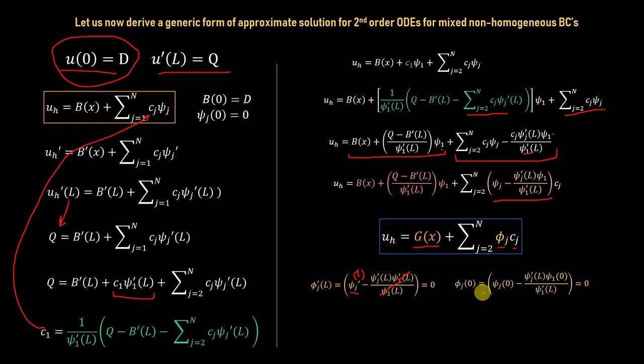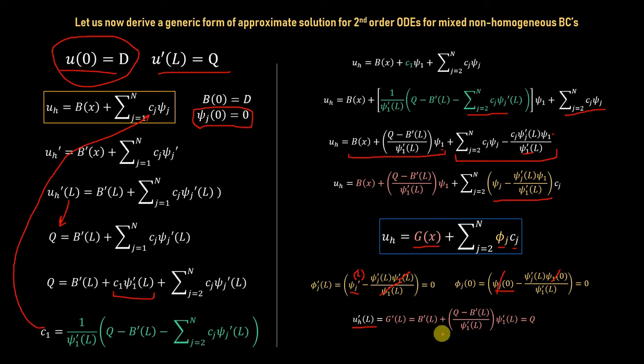Now psi j at 0, for the essential boundary condition: note that psi1 was 0. That's what we started with. So all psi j's are 0, so everything is now 0, so this is also satisfied.